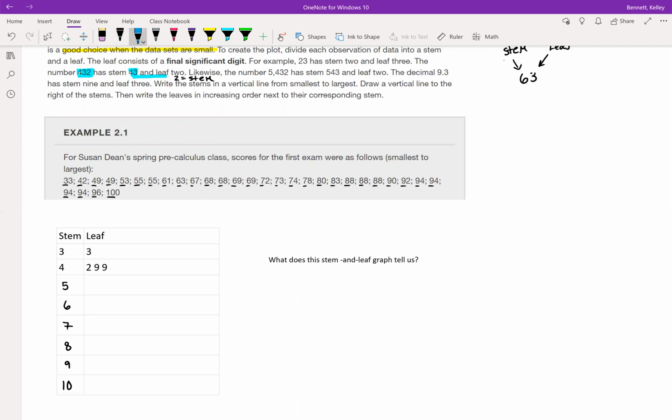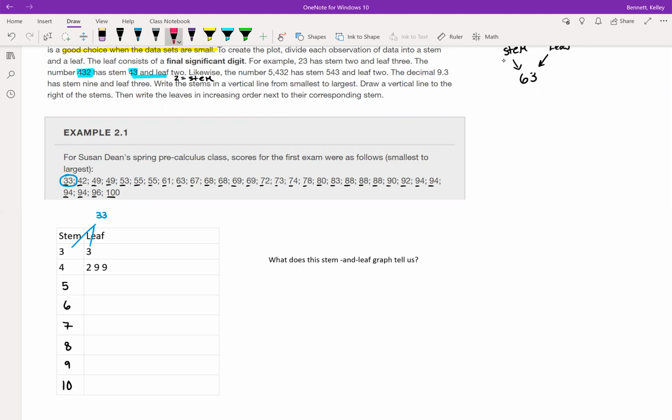So for the first group, we have things in the 30s, right? We only have one value, one datum in the 30s, and that's 33. So this 3 and the 3 represents the number 33. All right, so that takes care of our 30s. Let's move on to the 40s.